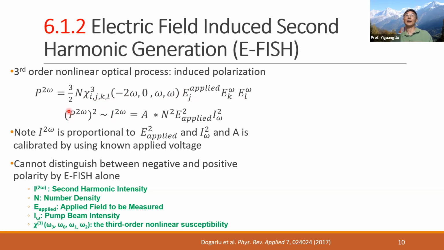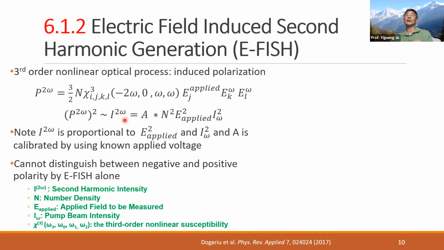And you can derive this equation, showing that the second harmonic intensity is proportional to the square of the laser beam intensity, because this is a nonlinear process. It is proportional to the square of the electric field and the number density of the molecules, with a constant.